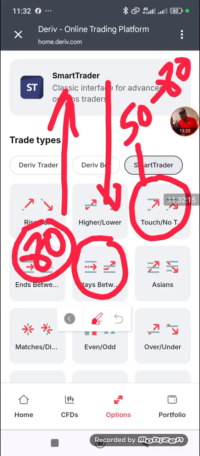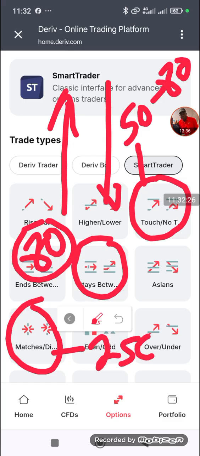Okay, now you see I now have this match differ. This one is the fastest, 2 seconds. Okay, because it's the fastest, it also requires a certain level of discipline, because you can quickly make money and you can quickly blow money.